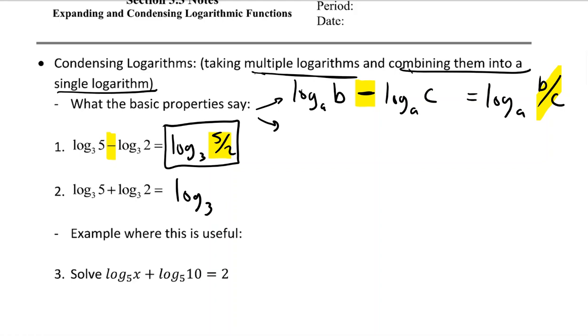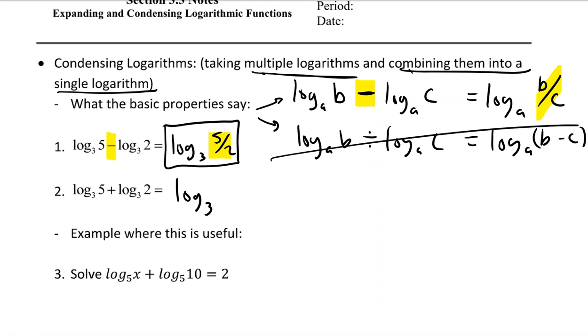Now, this is not the other one, but this is where it does get kind of confusing for some students, so I'm just trying to give you a preview of what kind of landmines you need to worry about here. But when we expand, we're going to undo this. So we're going to start with something like this, and we're going to expand it to look something like that, which is not the same thing as saying you could just change this sign and expect this to work.